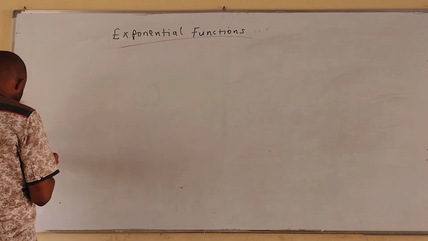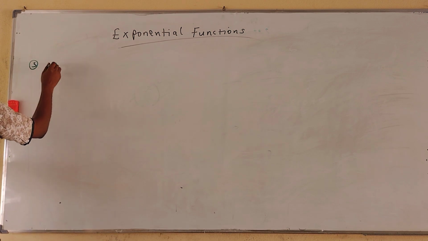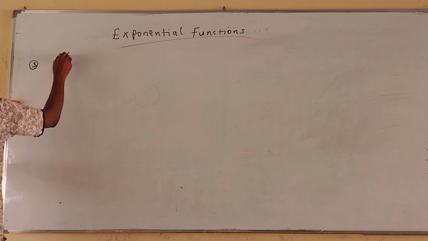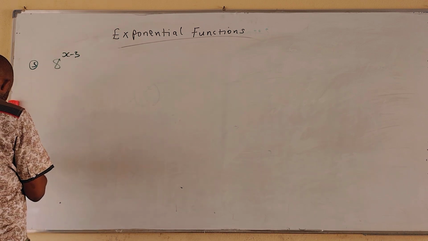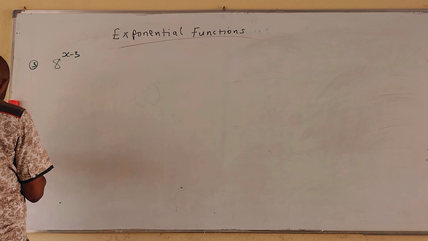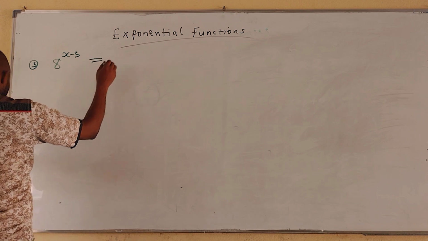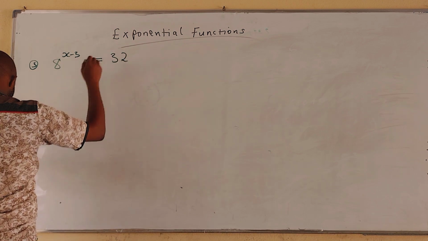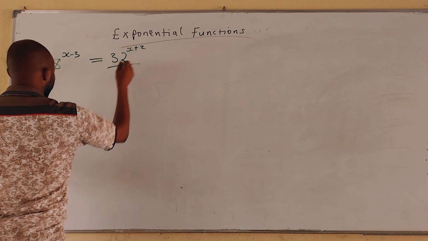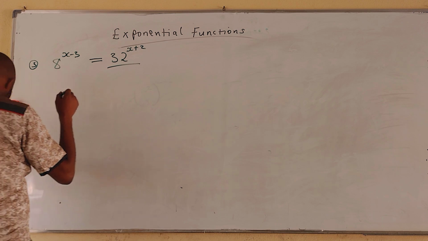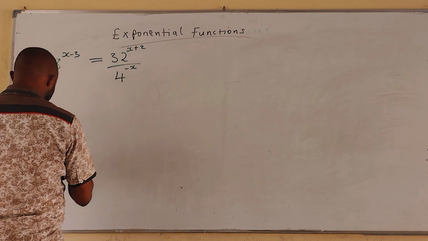8 raised to the power x minus 3 equals 32 raised to the power x plus 2 over 4 raised to the power minus x.